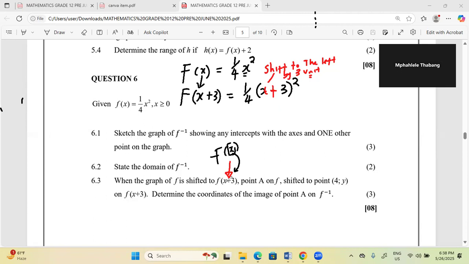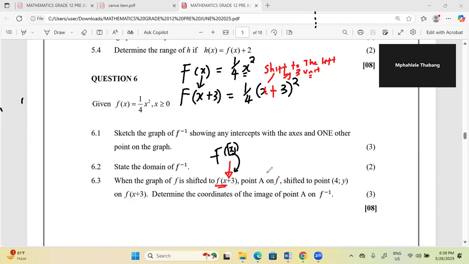So we are shifting to the left by 3 units. When the graph of f is shifted to the left by 3 units, f of x plus 3, point A on f is shifted to the point (4, y) on the function which is formed when we shift the original function to the left.